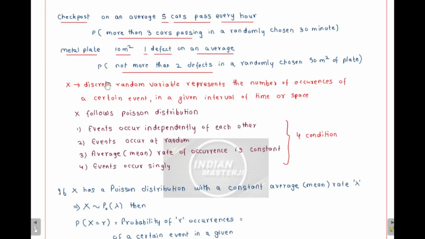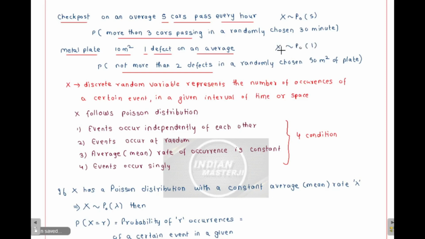Then X follows Poisson distribution with the mean rate as 5. Similarly here, X is the random variable of number of defects in 10 meter square of metal plate. So X follows a Poisson distribution with 1 defect in 10 meter square of metal plate.